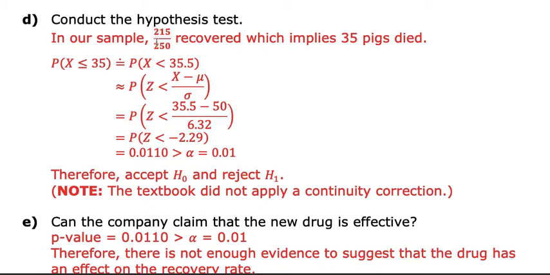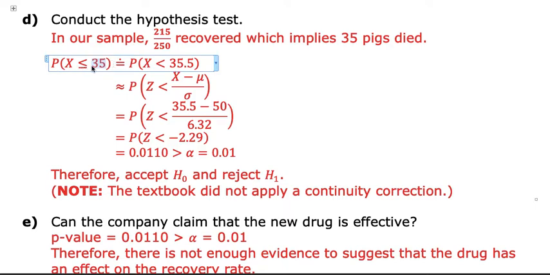In our sample, 215 out of 250 recovered, which implies 35 pigs died. So, similar to our textbook, we're going to say probability X is less than or equal to 35. This is determining the p-value of our observation. Now, different than the textbook, as pointed out by a student, we should be doing a continuity correction. We're talking about whole pigs. They either die or they don't, success or failure.